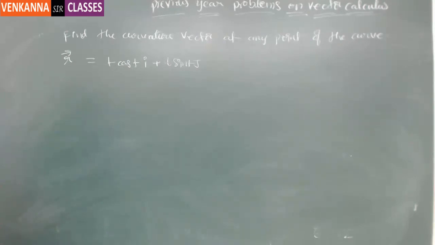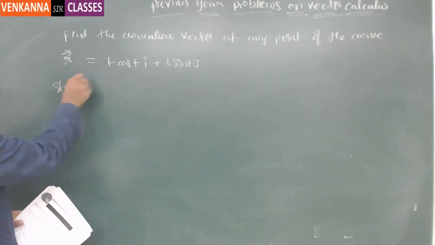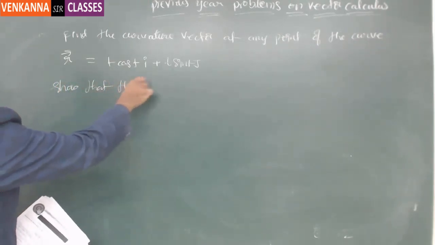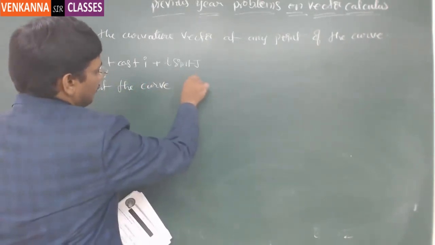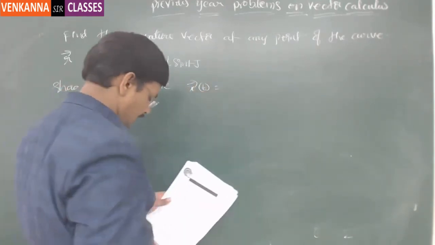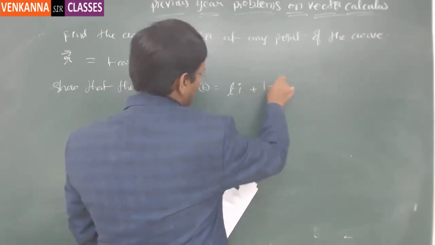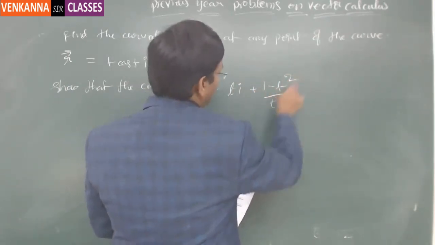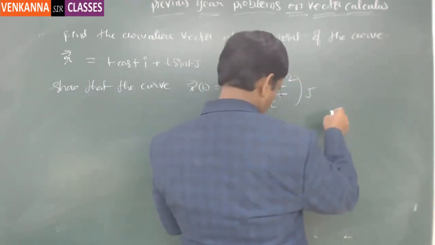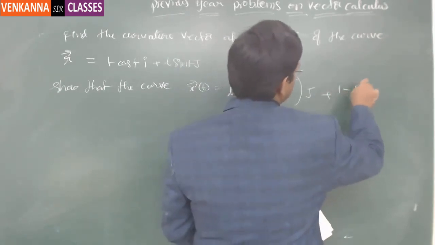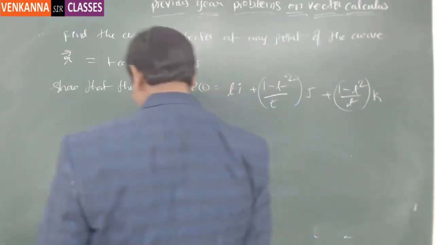Exactly in a similar manner, there is one more problem: show that the curve x of t is equal to t i plus 1 minus t square by t j plus 1 minus t square by t k lies in a plane.